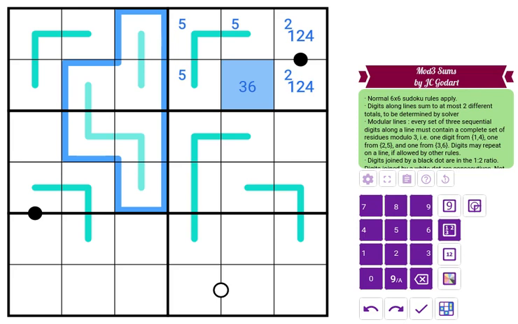Indeed, probably a multiple of 6. So the minimum here is 1, 2, 3, 4, which is 10, and then 1, 2, which is 3.